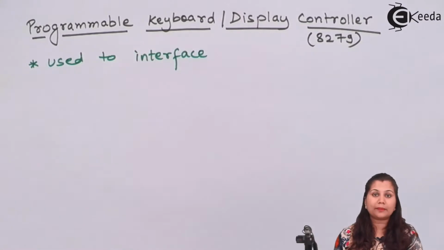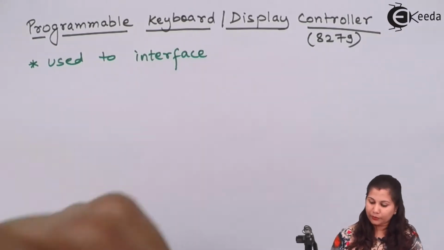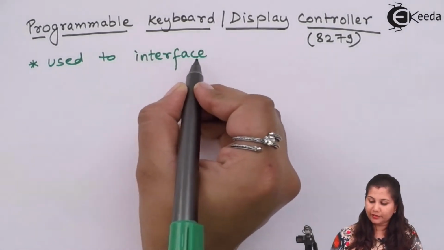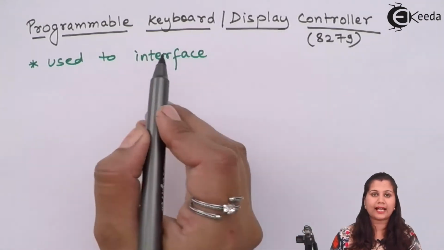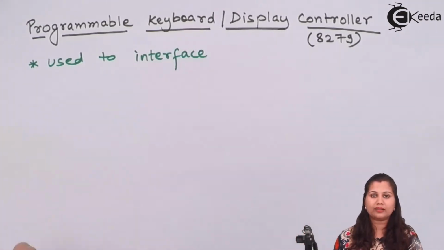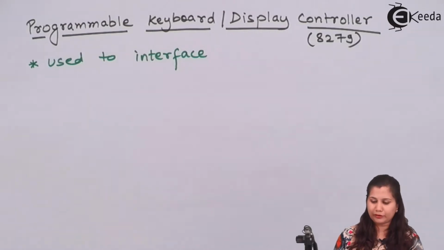An interface is known as a path which is providing the communication link between two components. So we can say that this keyboard display controller 8279 is acting as an interface between the keyboard and display devices and the central processing unit or the microprocessor.